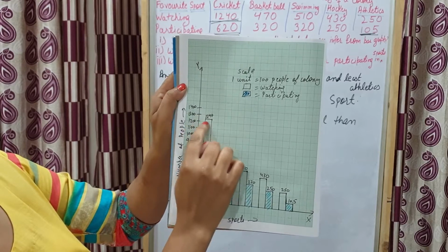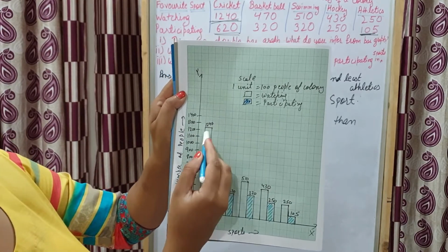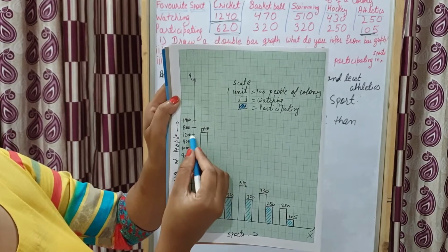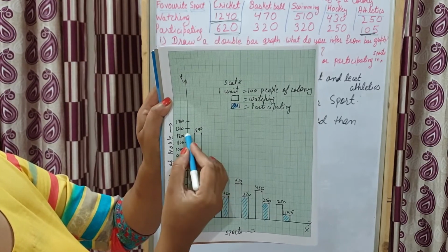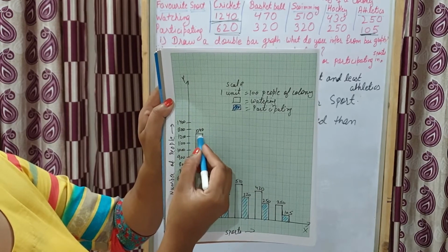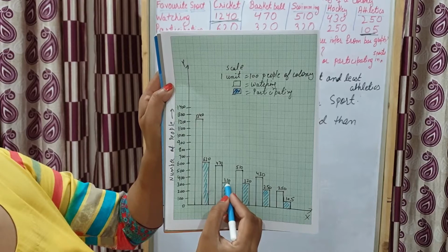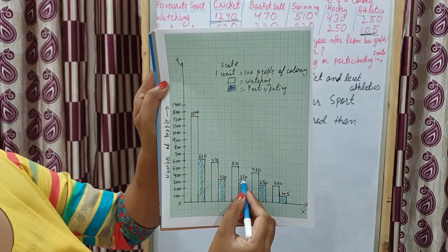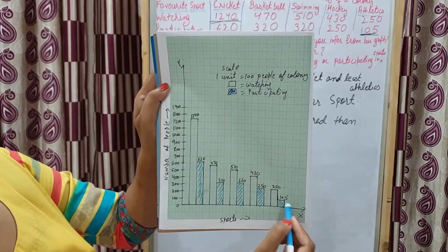You can take 1300 also. And here 1240. You can see 1240, that is between 1200 and 1300. Between them, this one is the fifth line, but we will take one below. 1240, this one 620, 470, 320, 510, 320, 430, 250, 250, 105.